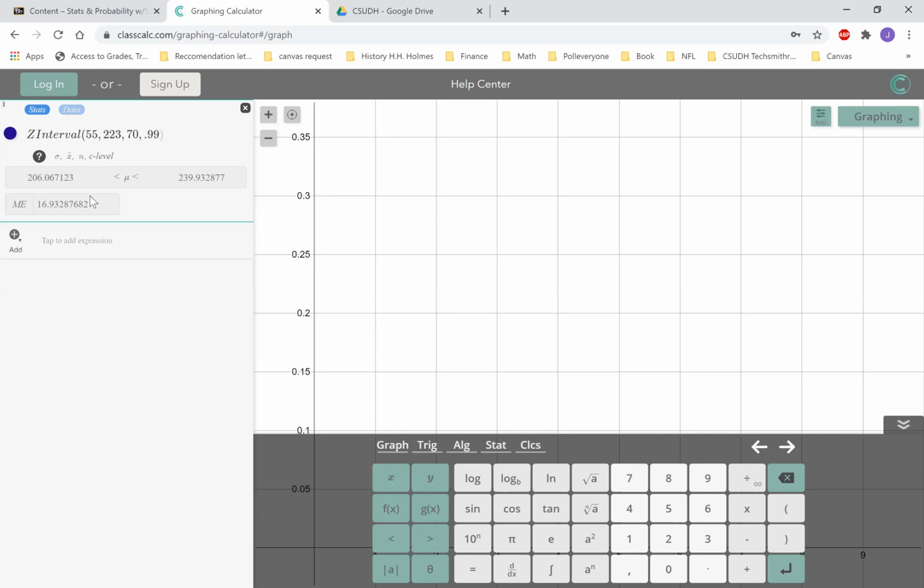So for the margin of error for 99%, we got the margin of error to be 16.93. And for 90%, margin of error is equal to 10.81. But that's it for A and that's it for B. So for this one, you can just do it all with class calc and it should give you the right answer.